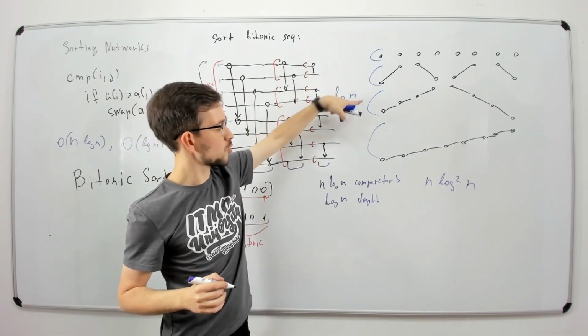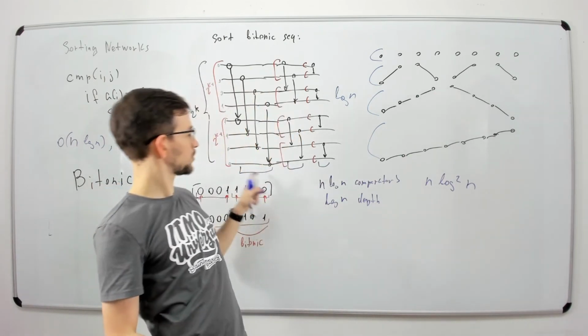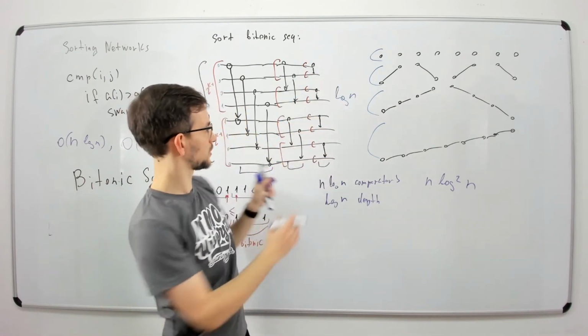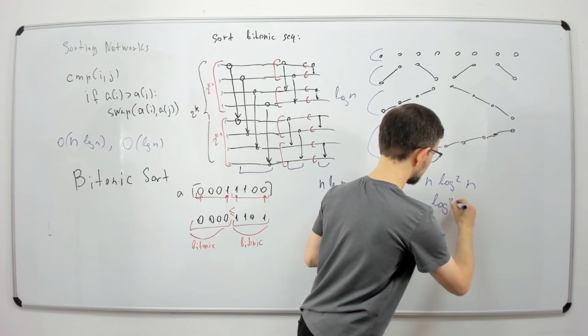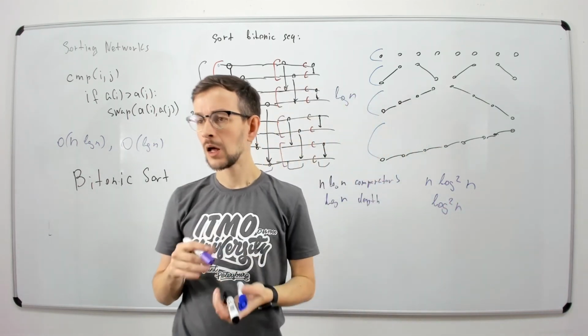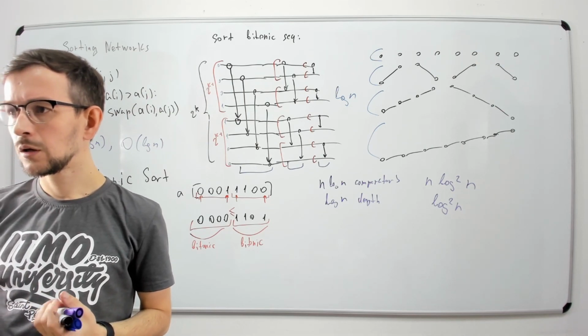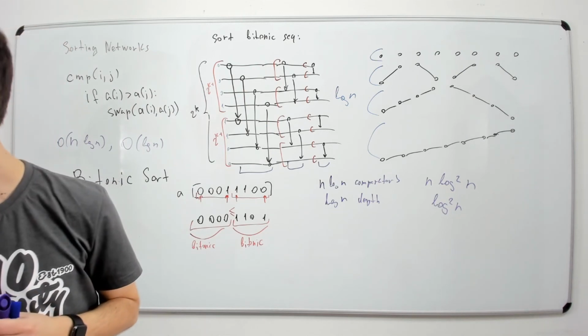On each iteration, you call the Bitonic sort. The depth of Bitonic sort is logarithm. So you need to make logarithm times depth of logarithm. So the total depth will be log square. That's all. Any questions?